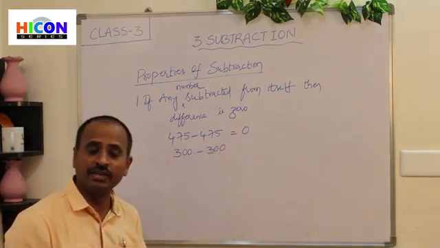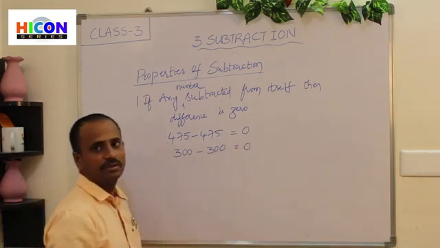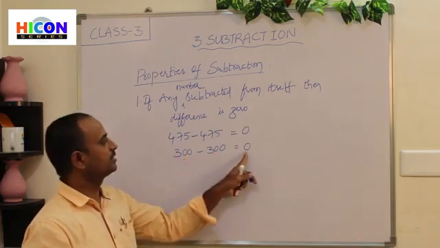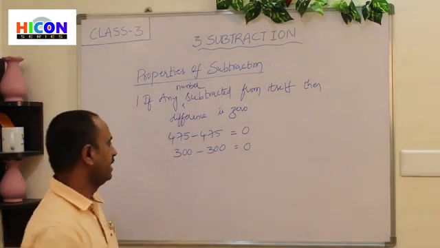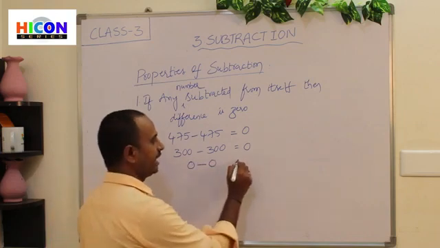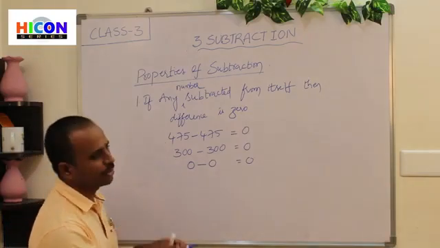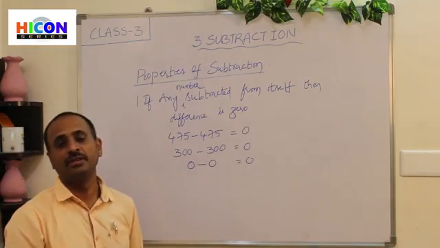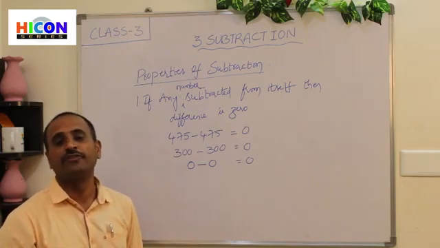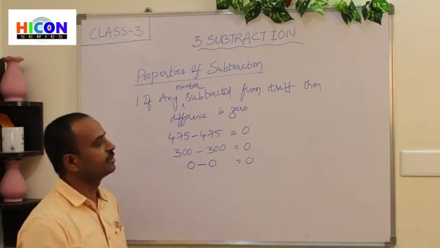The difference between the two numbers is 0. So the answer is 0. Again, 0 minus 0. So again it becomes 0. So children, this is the first property of the subtraction. That means the difference between the same numbers is 0. If you take the same numbers and do subtraction, then the answer becomes 0.